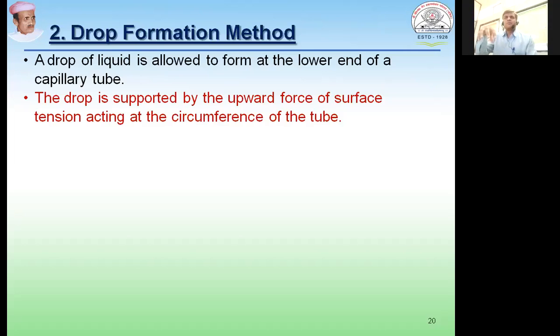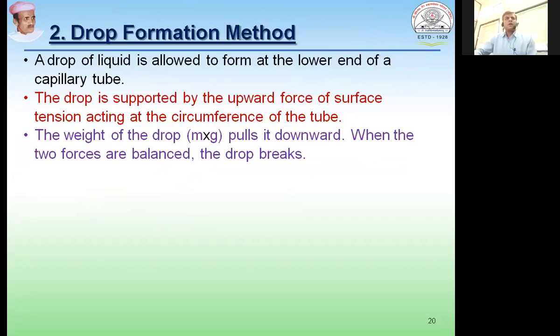It drops down only when the weight of the liquid exceeds it. So the drop is being supported by the upward force of the surface tension acting at the circumference of the tube. The weight of the drop, that is mg, mass into gravitational acceleration, pulls it downward. When these two forces are balanced, the drop breaks and it falls down.